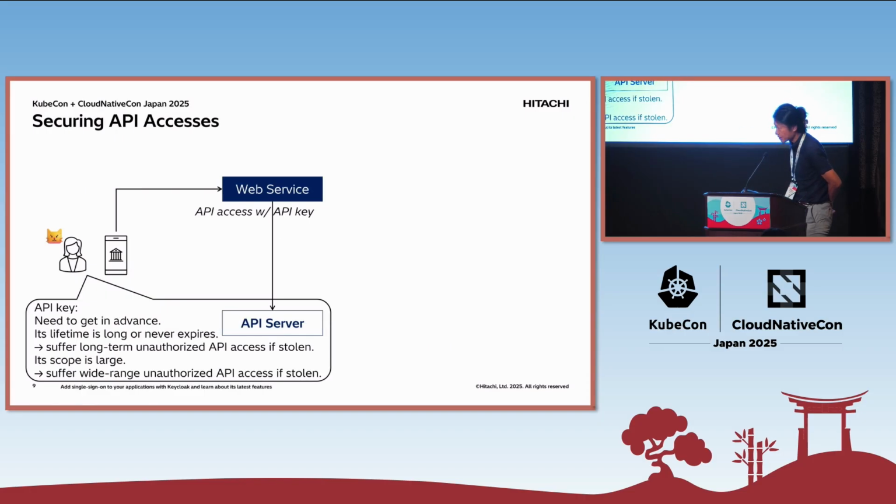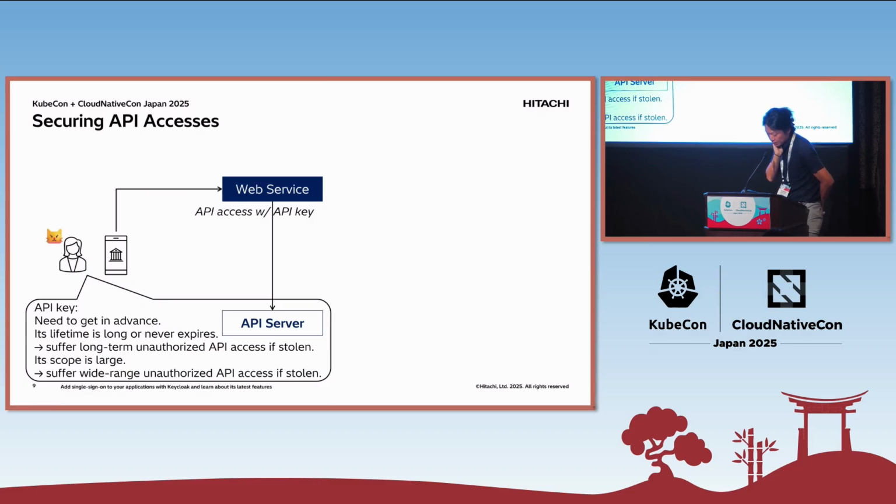Secondly, securing API access. Please consider the situation where you use a web service, and this web service accesses an API server with an API key. In this situation, you need to get an API key in advance. Generally speaking, the lifetime of an API key is long, and sometimes never expires.